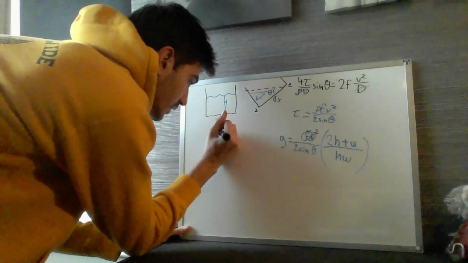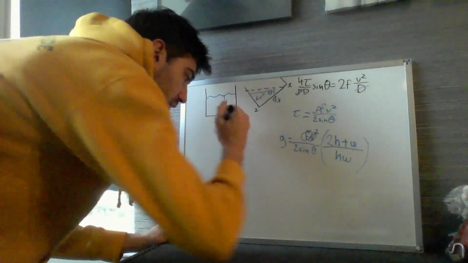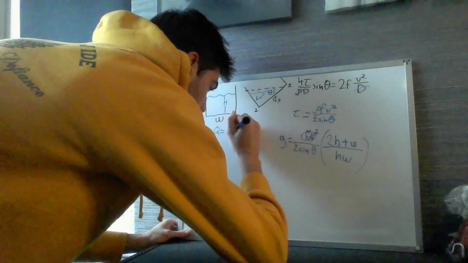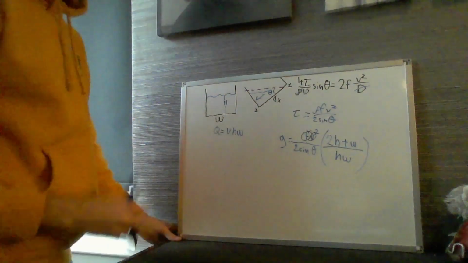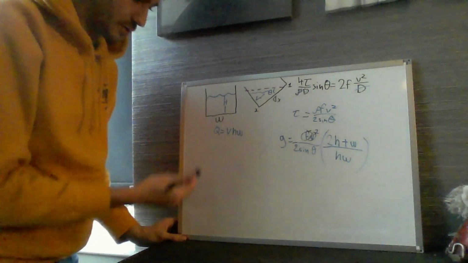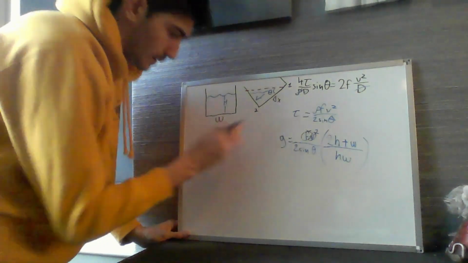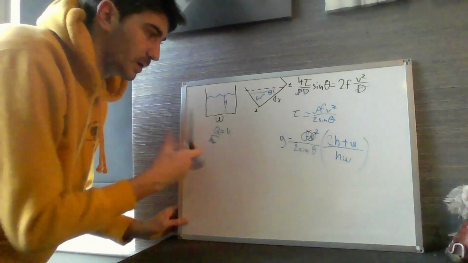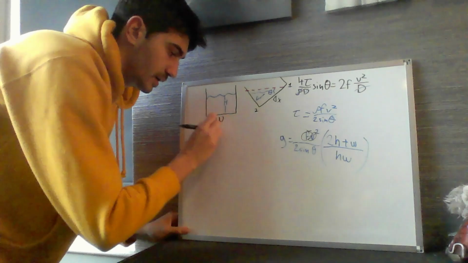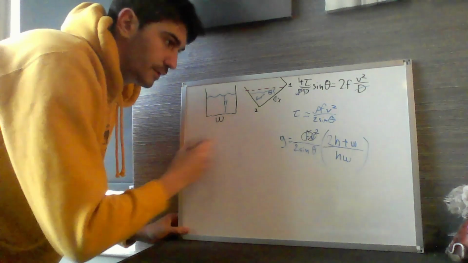And we know that Q is simply equal to the velocity multiplied by the area, right? HW. So that we can get that the velocity is equal to Q divided by HW, right? So we can go ahead and plug that into our expression for V.